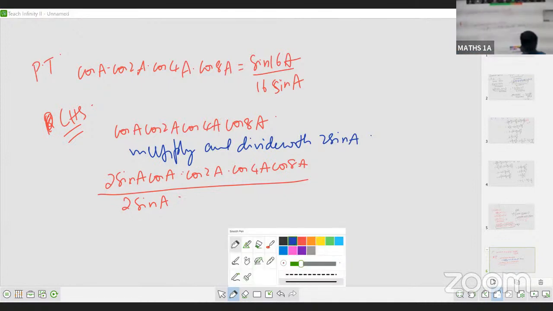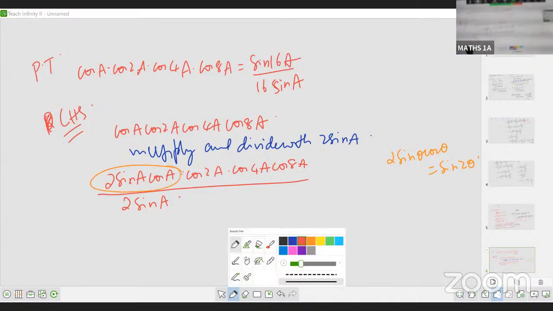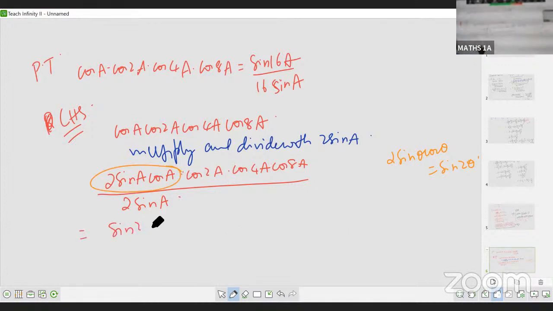That is 2 sine theta cos theta is sine 2 theta, correct? So, it looks like 2 sine A cos A. Yeah. So, I am going to write it as sine 2A.